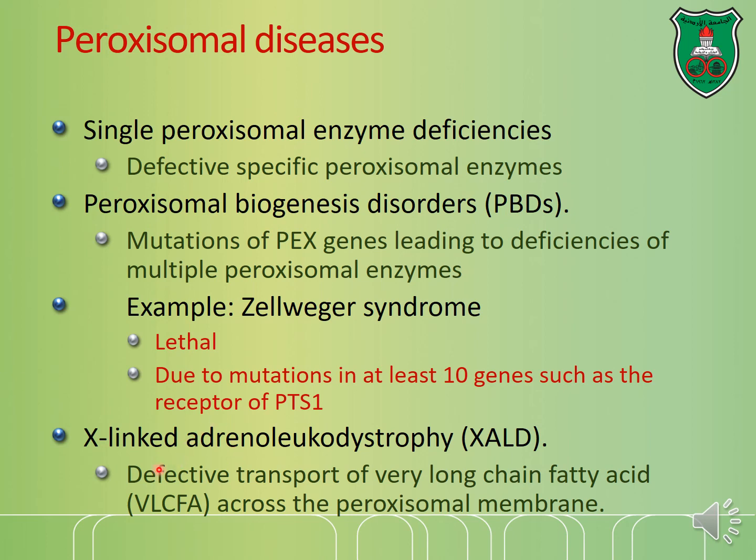Another example is X-linked adrenoleukodystrophy, where basically there is a defect in the fatty acid transporter or carrier that carries long chain fatty acids into peroxisomal membranes.